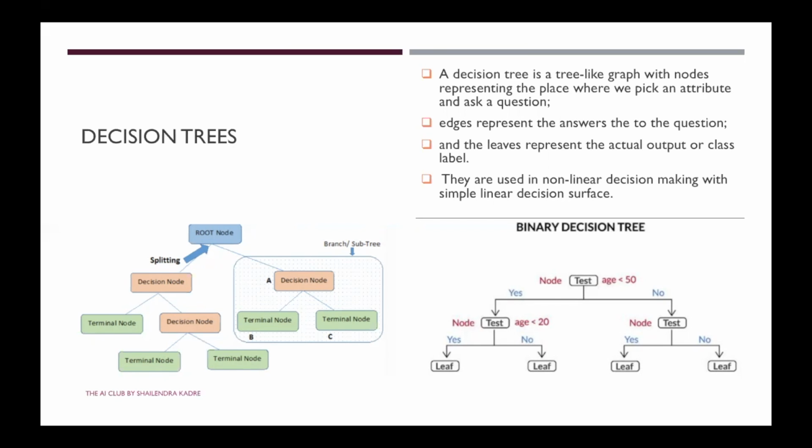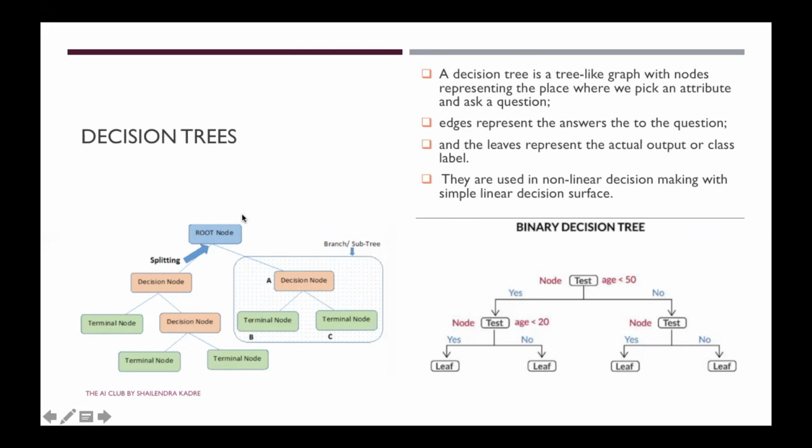A decision tree is a tree-like graph with nodes representing the place where we pick an attribute and ask a question. Edges represent the answers to the question, and the leaves represent the actual output or class label. They are used in non-linear decision making with a simple linear decision surface. What all this text means is that the topmost tip of this tree is called the root node.